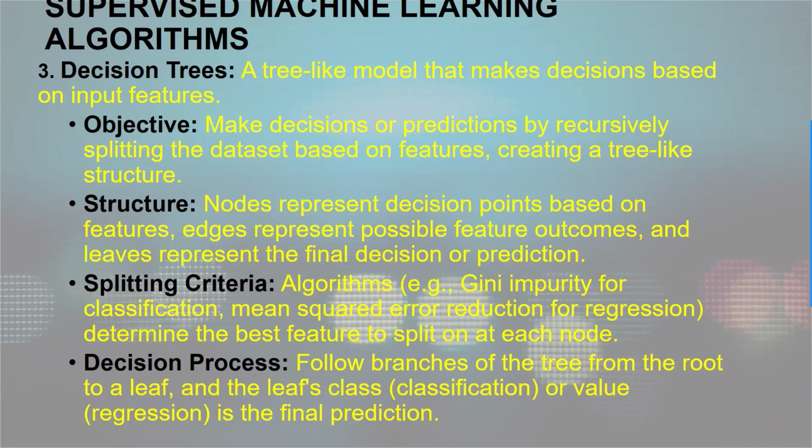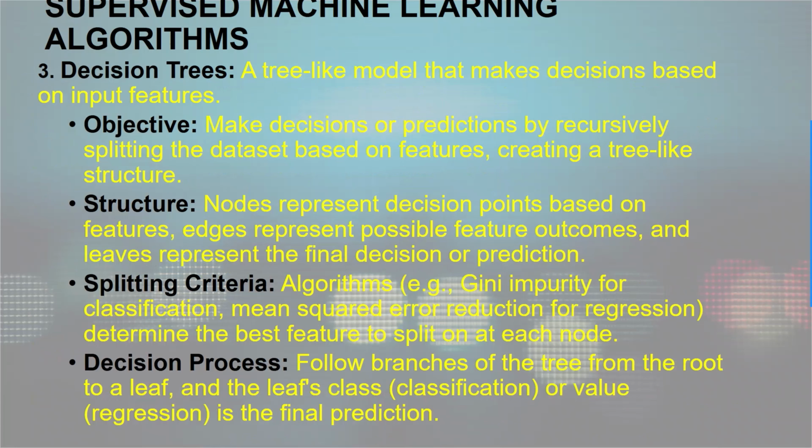Next, we have the decision tree, which is the third algorithm, a tree-like model that makes decisions based on input features. The objective here is to make decisions or predictions by recursively splitting the data based on features, creating a tree-like structure. Then we have the structure, where nodes represent decision points based on features, edges represent possible feature outcomes, and leaves represent the final decision or prediction.